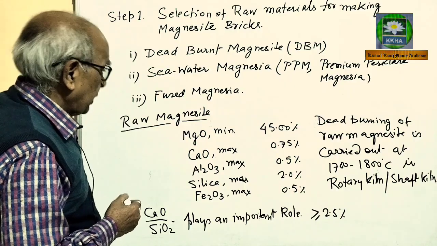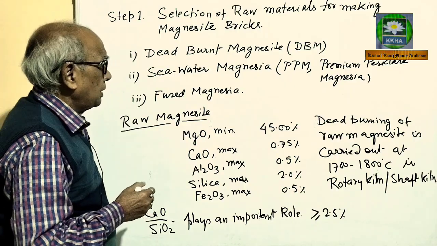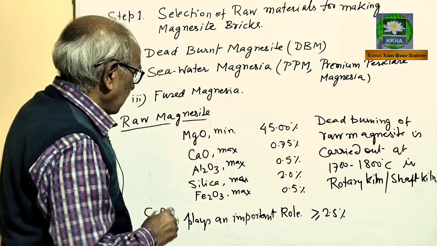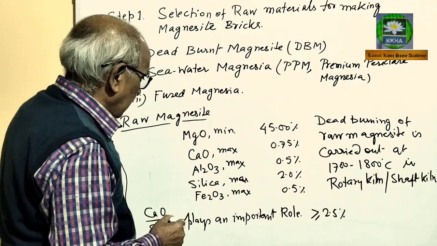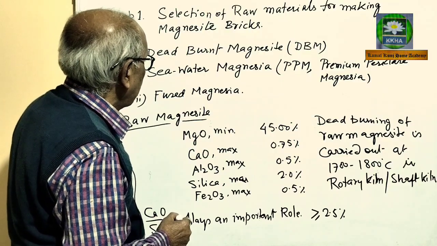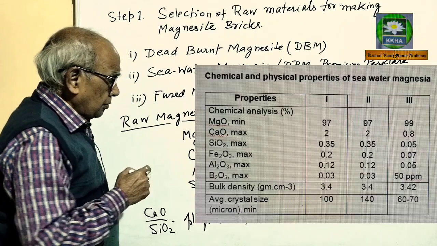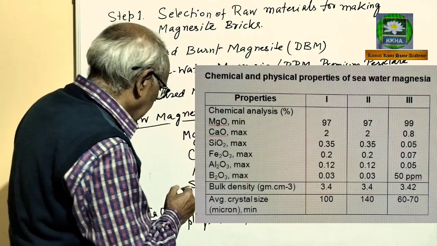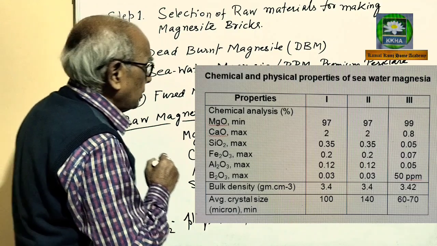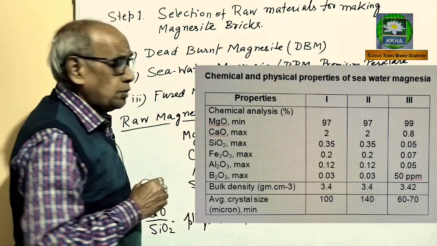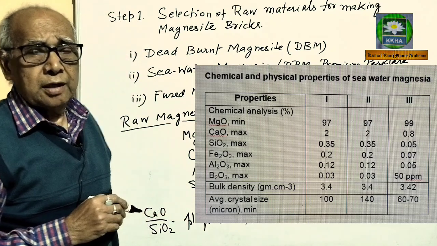Now seawater magnesia contains 97 to 98% MgO. Impurities are very less, but it also contains B2O3, which is very harmful.